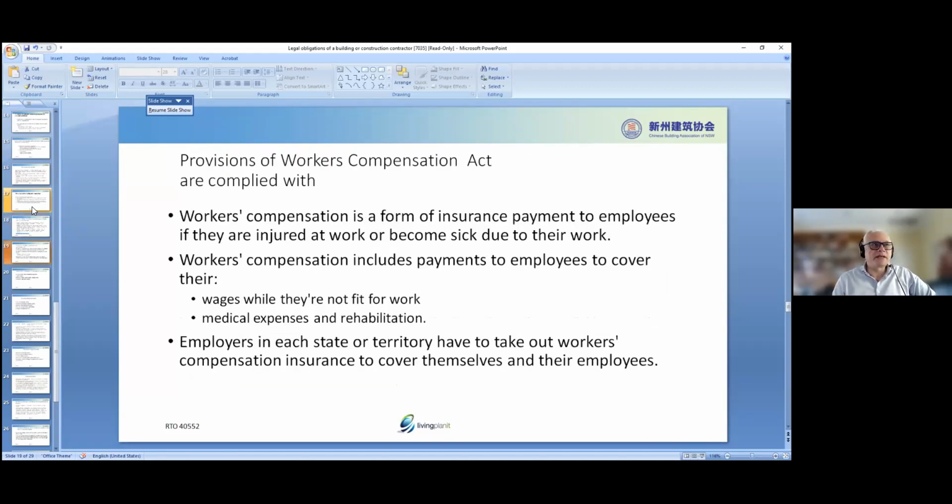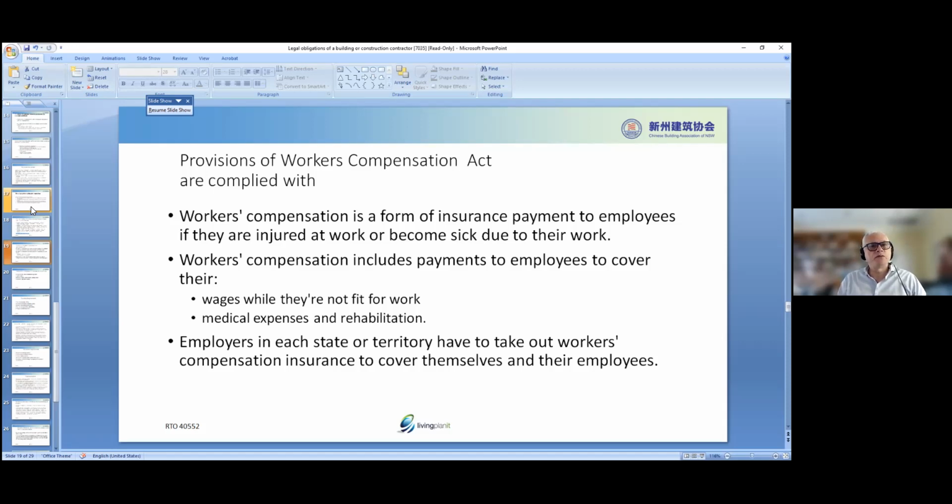Okay, the Workers' Compensation Act is a very important act that we need to make sure that we as employers understand. Because if somebody gets injured in our workplace, we are responsible to make sure that they are rehabilitated, that payments are made to them from the Workers' Compensation Fund that we pay into, insurance, and their medical expenses are paid for them.